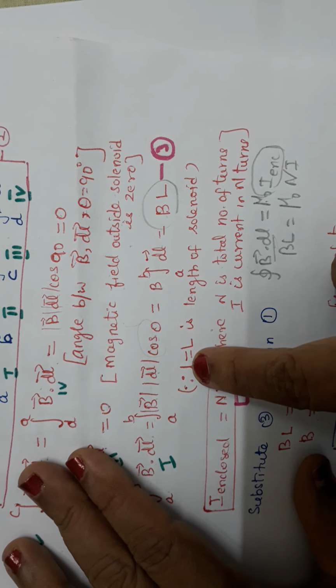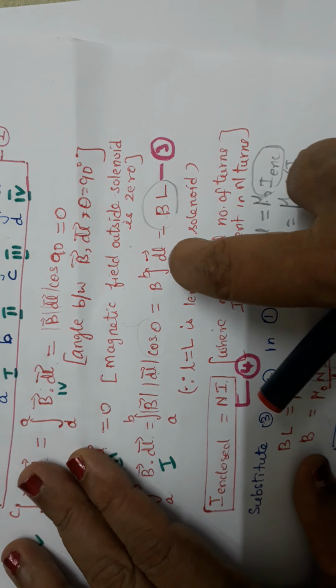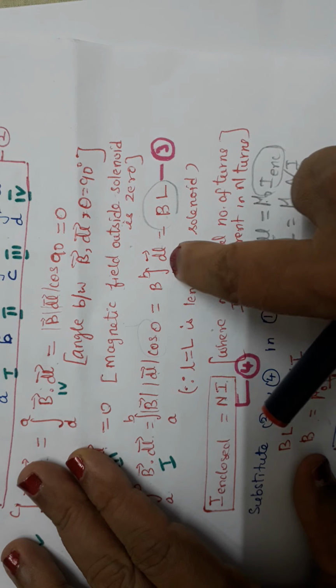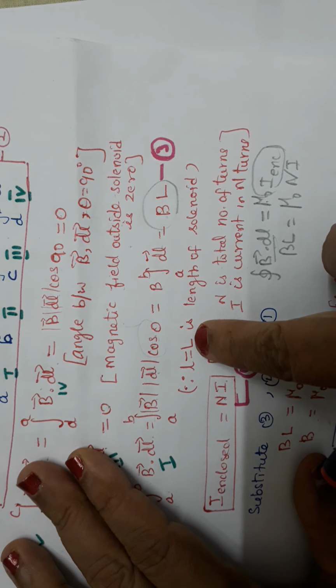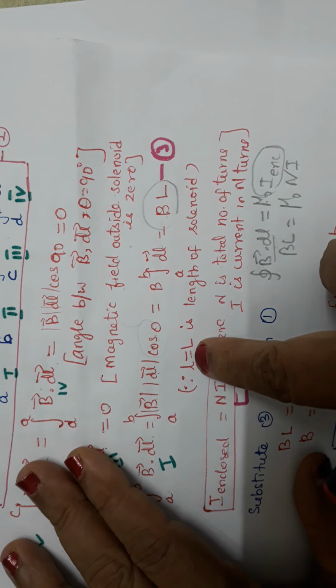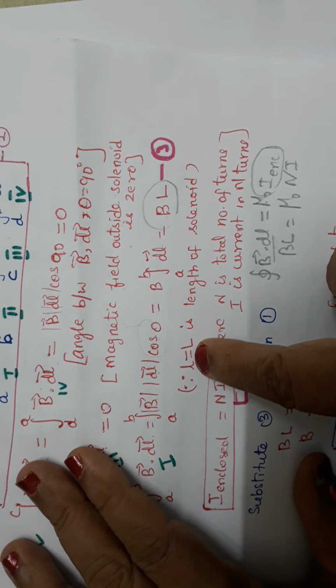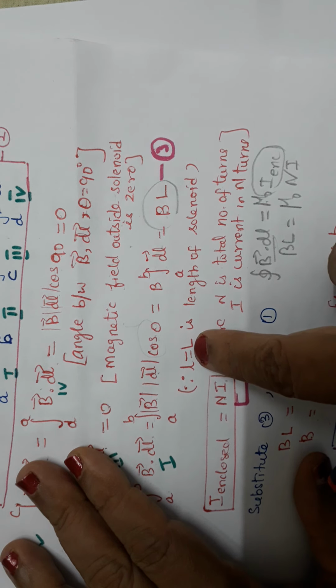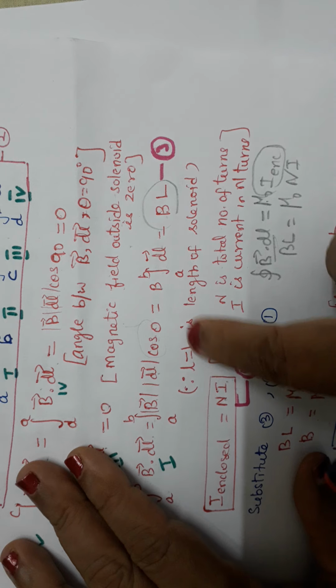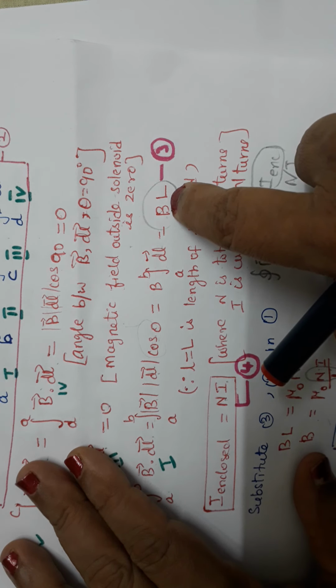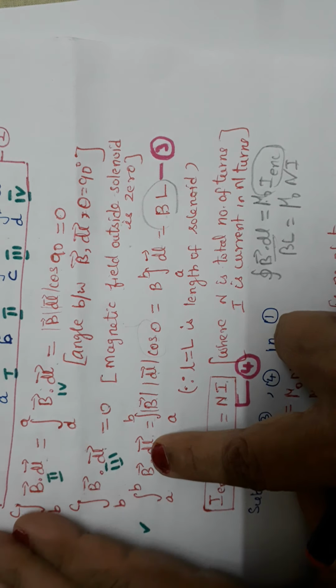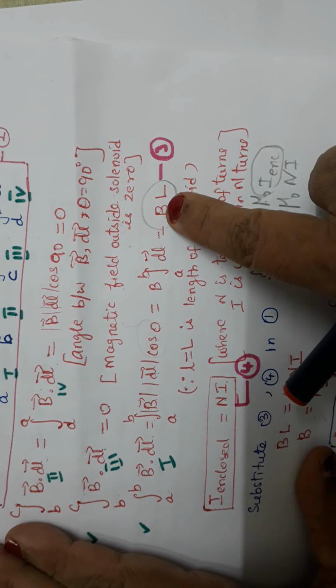Small l is the length of the Amperean loop. Capital L is the entire length of the solenoid. Here I am considering the entire length of the solenoid. So the first integral value will get BL, right?